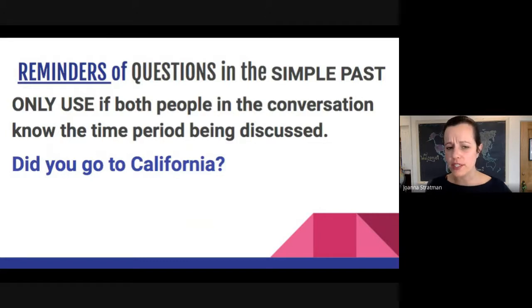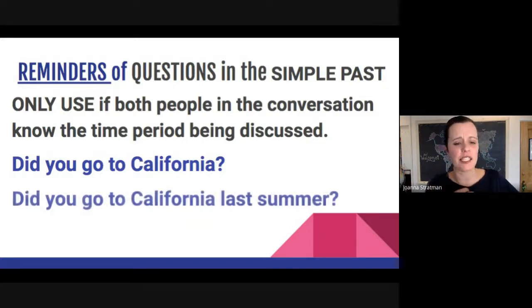Did you go to California? Because we both know that we are talking about last summer. However, if only I am asking about the summer and you don't know, I must be specific and ask, did you go to California last summer? So, like I said, we must be very specific about the time period if we are asking questions in the simple past.